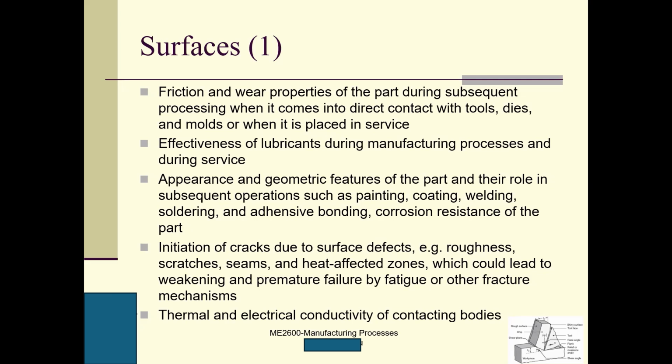So the machined surface will have friction with my tool. Also the chip and my tool will have friction generated. So the effectiveness of lubrication during manufacturing processes matters, and this is during surface contact.